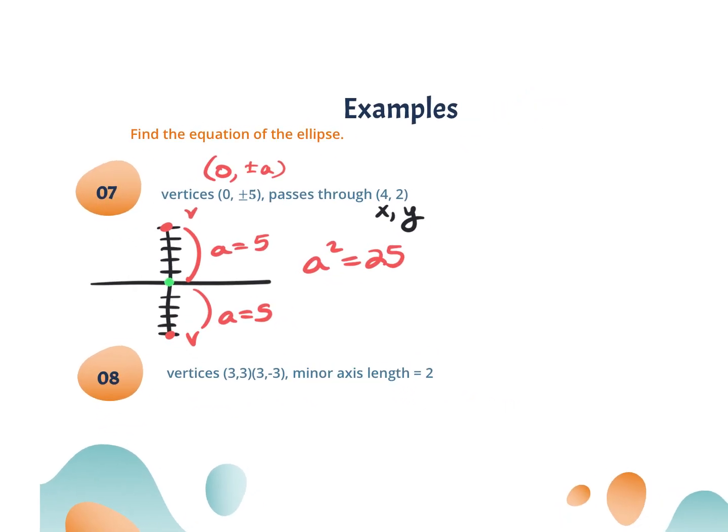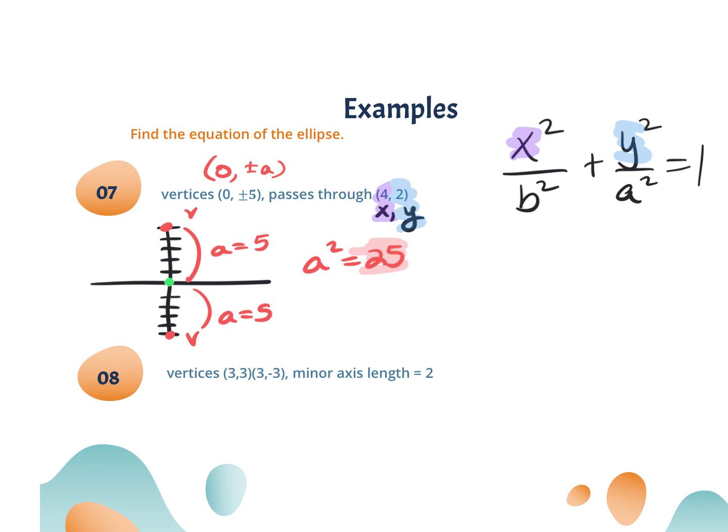So the equation I'm going to be filling in is x squared over b squared plus y squared over a squared equals 1. Now I'm going to put 4 in for x, 2 for y, and 25 for a squared, and I'm solving for b squared.